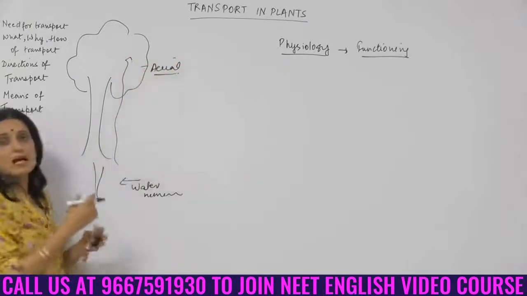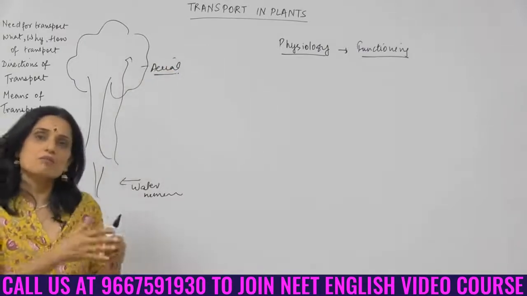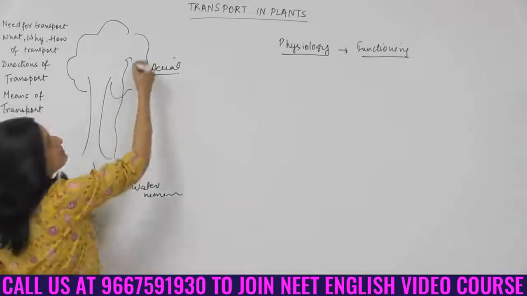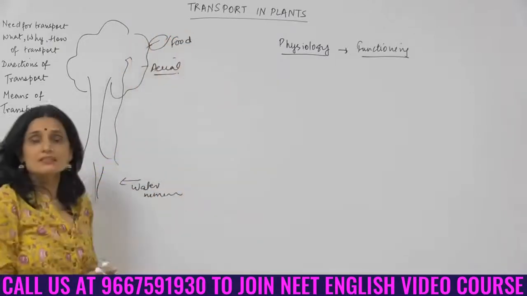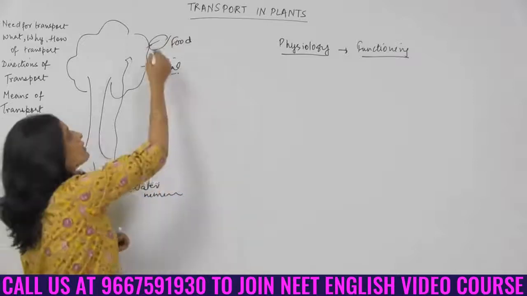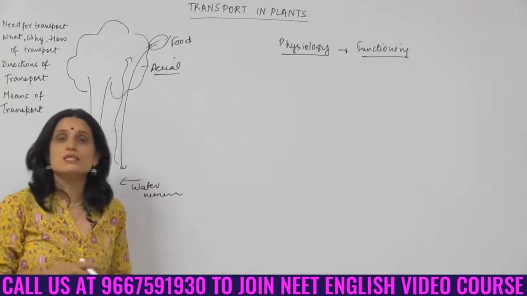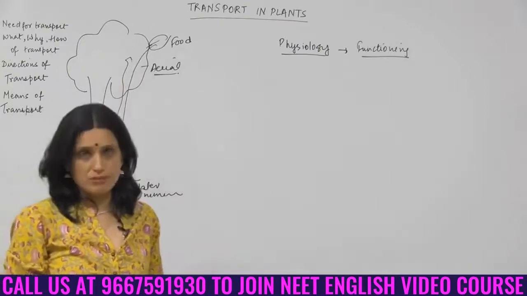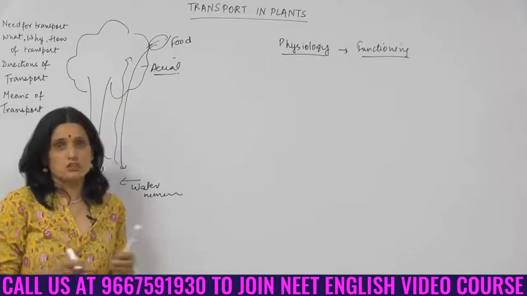So the plant needs to transport these water and minerals to the aerial parts of the plant, right? Similarly, the leaves up there are synthesizing food with the process of photosynthesis. So this food needs to be translocated downwards to the roots and to the other organs which do not synthesize their own food, right? So obviously the need for transport is great.